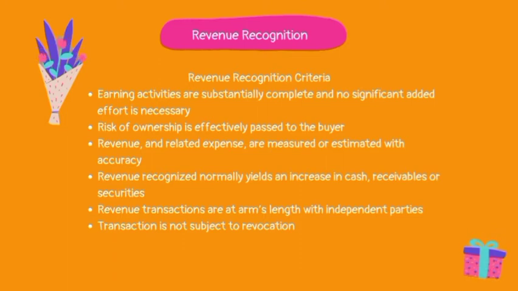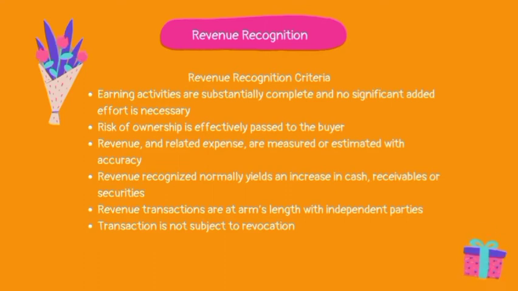The first one, earning activities creating revenue are substantially complete and no significant effort is necessary to complete the transaction. Number two, risk of ownership in sales is effectively passed to the buyer. Number three, revenue and the associated expense are measured or estimated with reasonable accuracy.